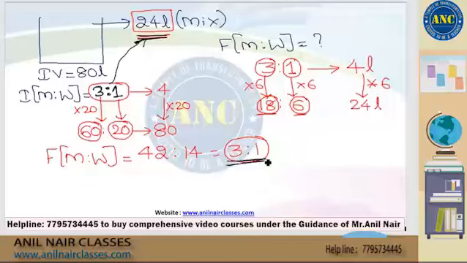I believe that the idea is very very clear with these two examples. Final ratio will also be same as the initial ratio if you take out the mixture in the same ratio as that of the initial ratio.